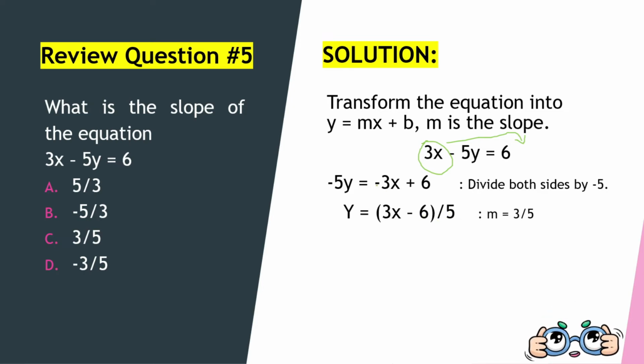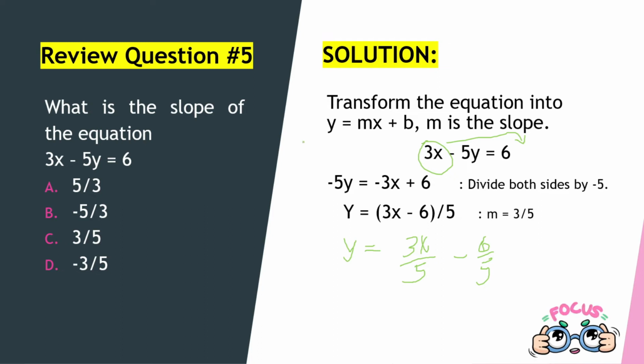Sir, why did the 3 become positive here? Because when you divide this term by a negative, the answer will be positive. That's why it became positive 3x. But 6, when divided by negative 5, becomes negative. So, this can be written as y is equal to 3x over 5 minus 6 over 5.